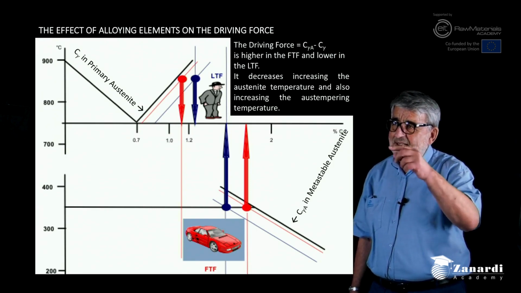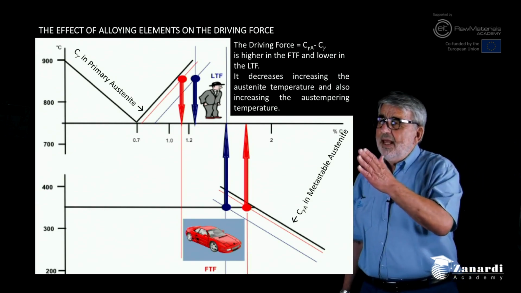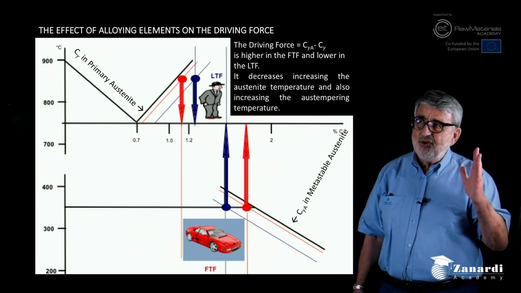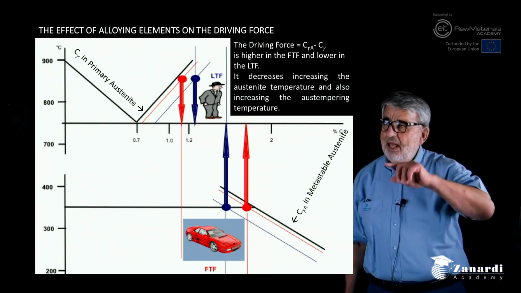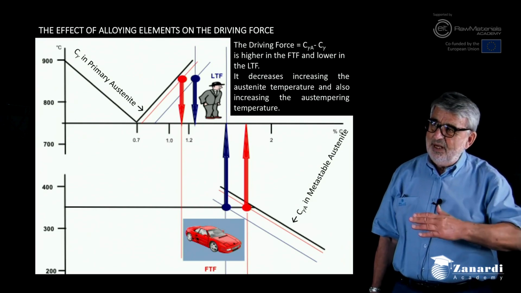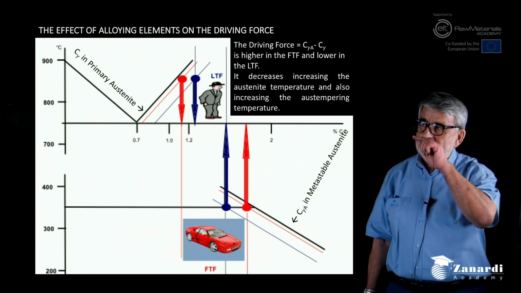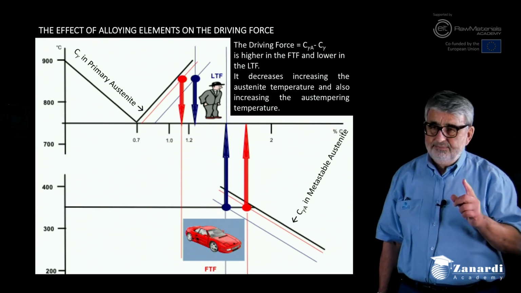And the effect of manganese, for instance, is to increase the carbon solubility in the primary austenite on the top, but decreasing the carbon solubility into the metastable austenite in the bottom. So there is a rule.